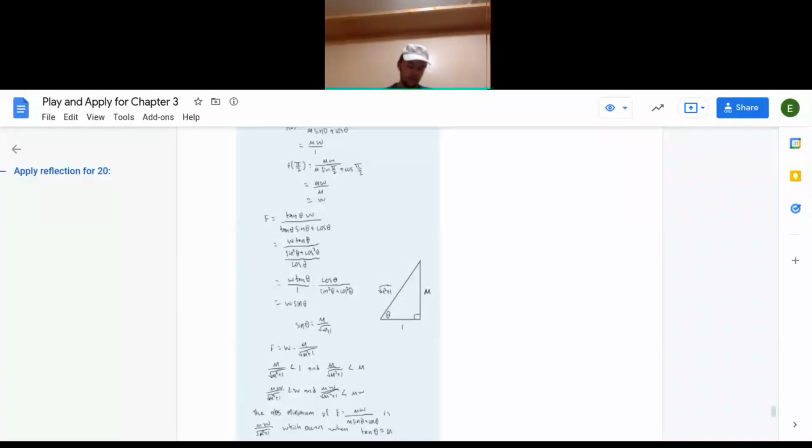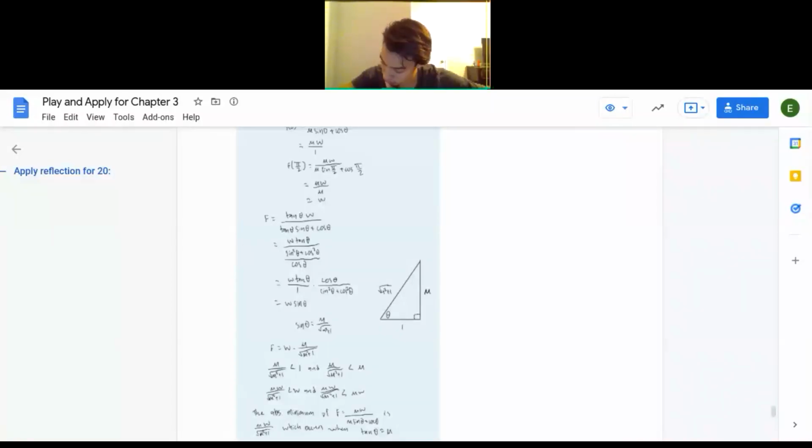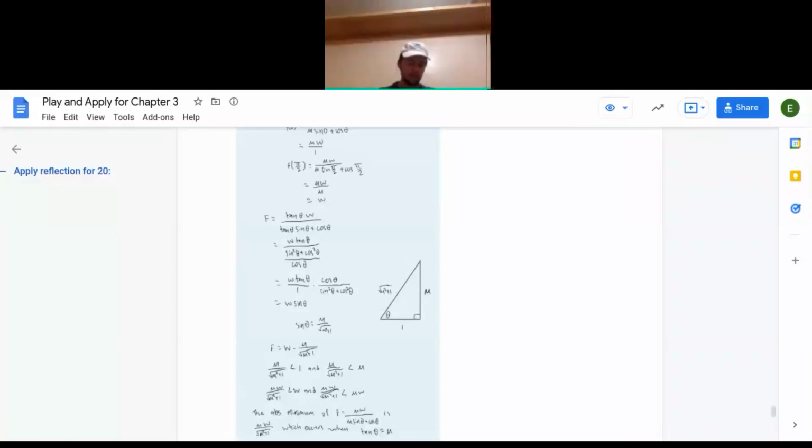And then you make this little triangle so you can figure out what the problem is actually asking. Then you figure out that sine of theta equals the square root of u over the square root of u squared plus 1. So you go back to the simplified version where you already plugged tangent in, and it's just w times that, because you plug that in for the sine of theta.